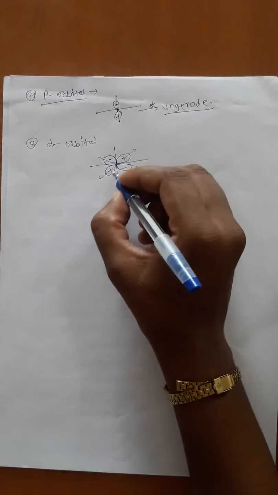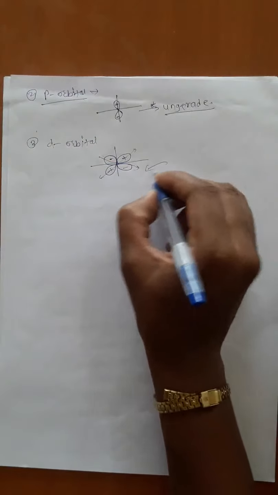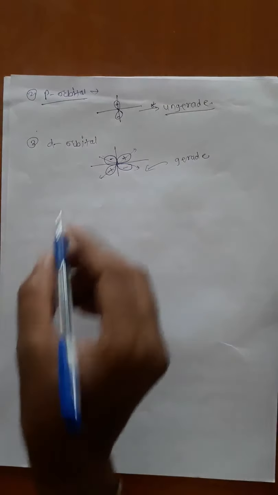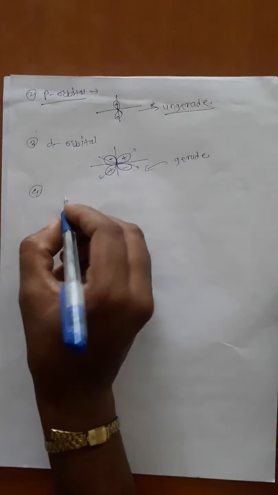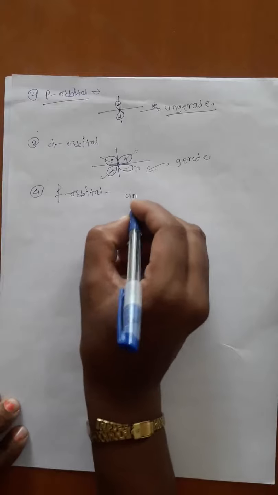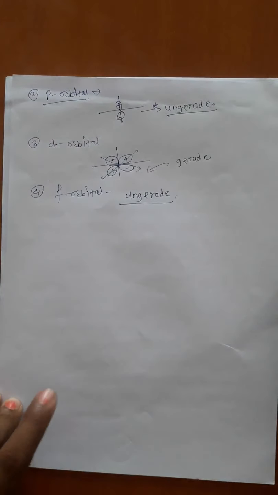Okay, means this will be the plus plus sign, or this one is the minus minus, means this transition is the gerade transition. In an f orbital there is the ungerade transition. Okay, understand what is meant by the gerade transition or ungerade transition.